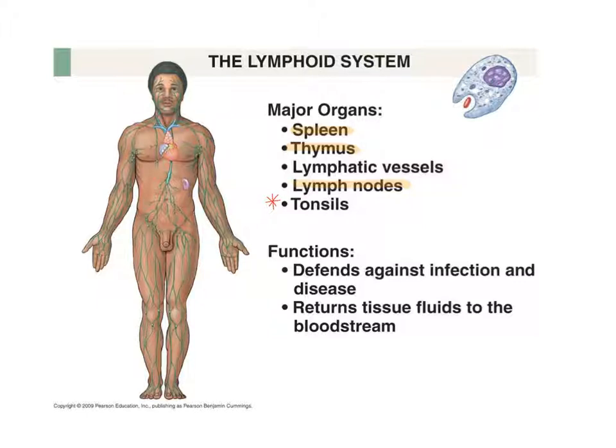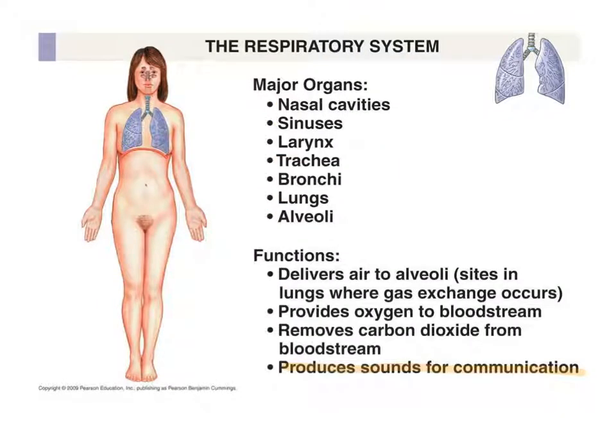The major organs would be the spleen, the thymus gland, and the lymph nodes. And the major function would be to defend against infection and disease. Next would be the respiratory system, with the major organ being the lungs, and the major function being to deliver air to the alveoli, sites in the lungs where gas exchange occurs.